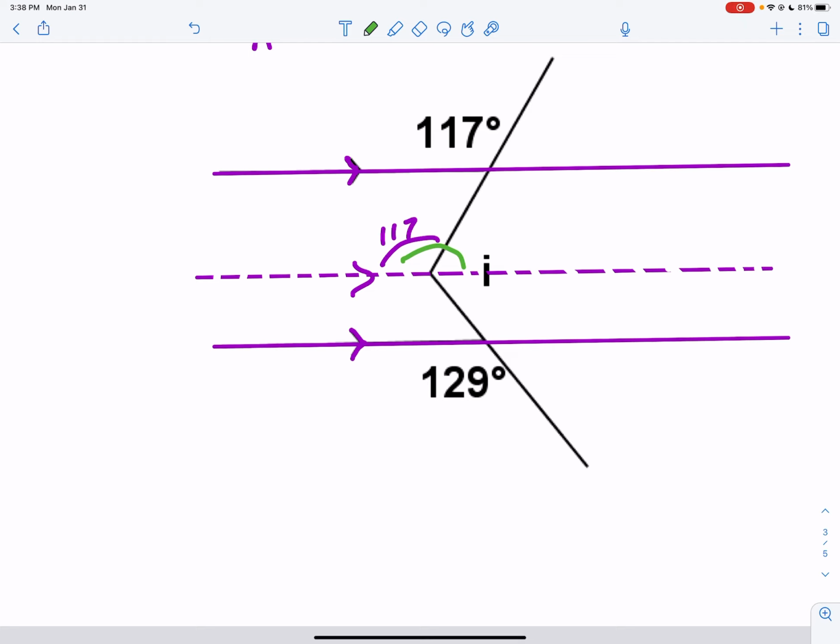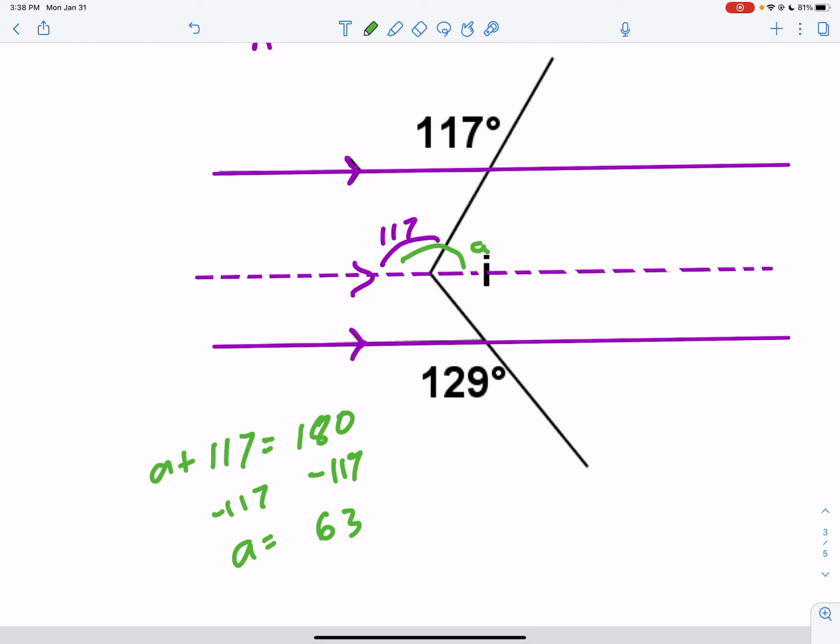So 117, so what I'm going to call A, I guess, I'll just call it A. A plus 117 equals 180. Subtract 117 to get A equals 63. I believe that is correct.